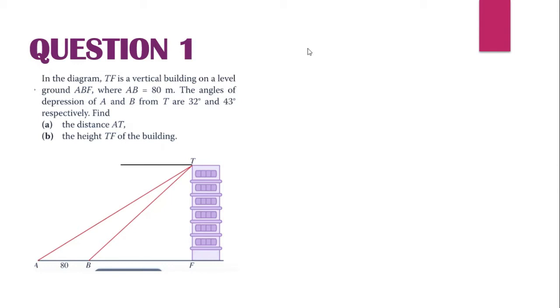And the information here: the angle of depression of A is 32 degrees. This is depression, right? And the depression is measured from the horizontal downward. 32 degrees, this one, right?